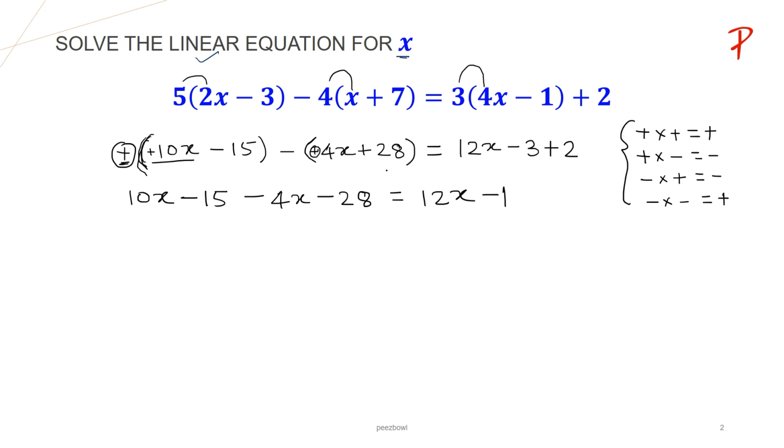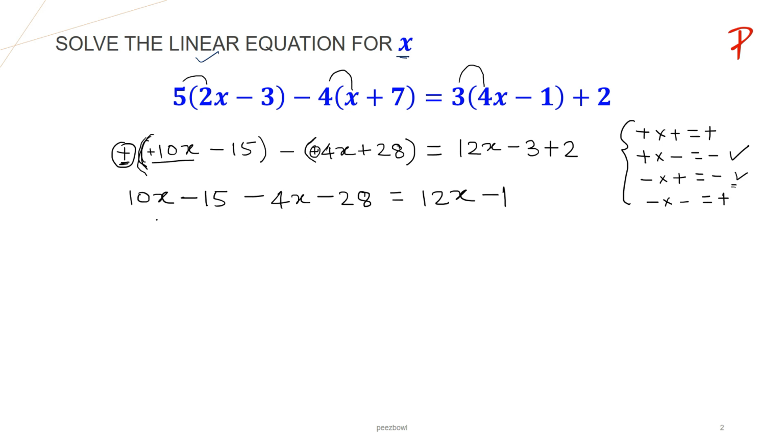So for the first bracket, plus is multiplied by plus, the result is plus. Then plus is multiplied by minus, the result is a minus. Again, here minus is multiplied by plus, we have a minus sign which I have written here. And again minus is multiplied by plus, then we have a minus sign, right? This is what I have written.